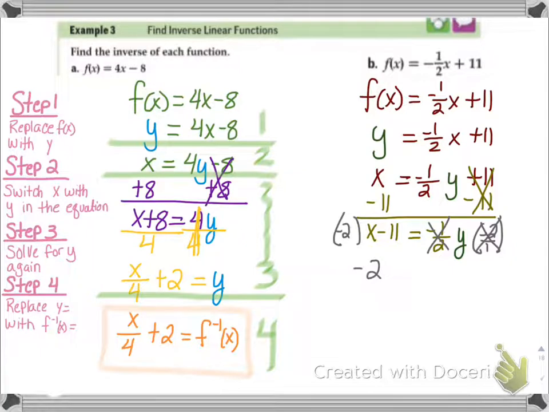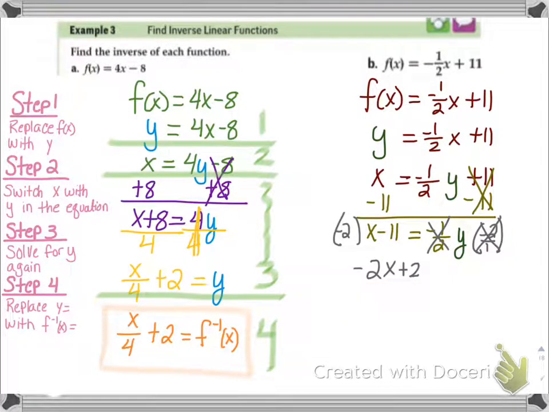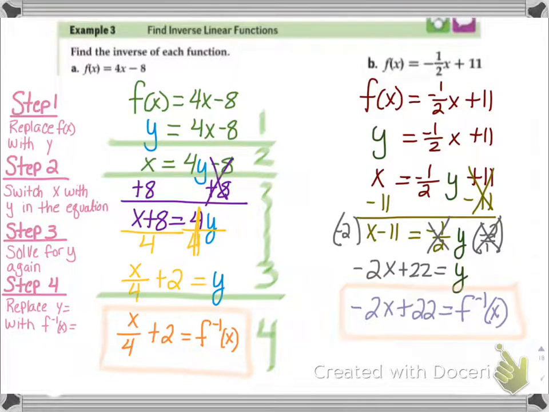Then I multiply by negative 2 on the left side as well, and I get negative 2x plus 22 is going to equal y. And step 4, I need to replace y equals with f inverse of x, so negative 2x plus 22 is going to equal f to the negative 1 of x.